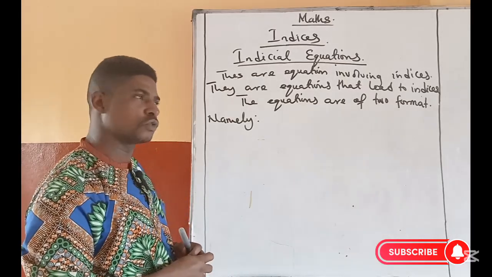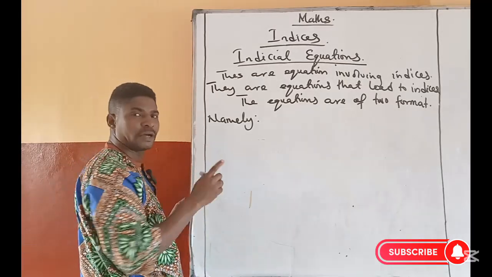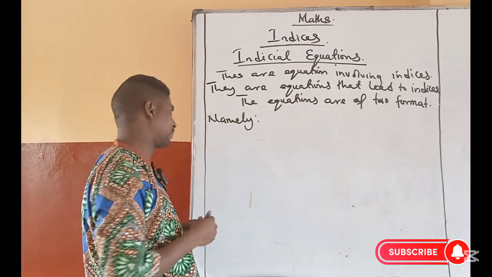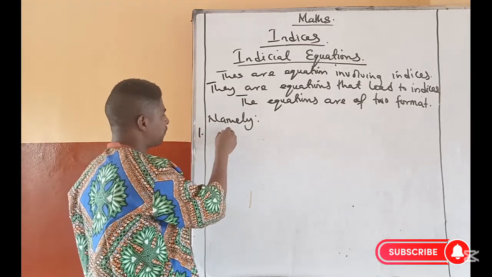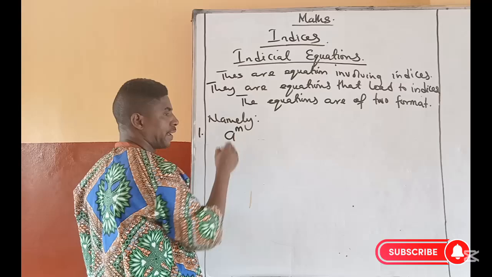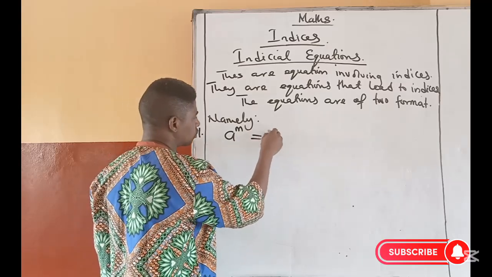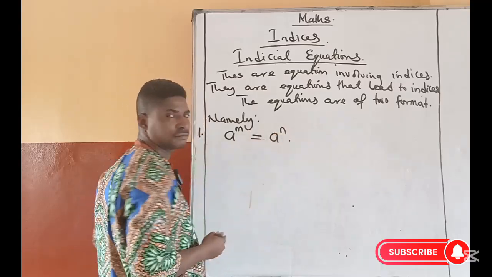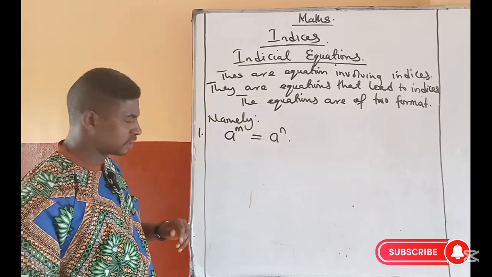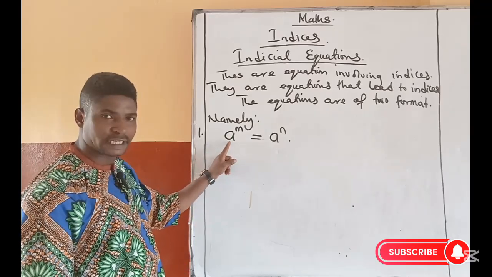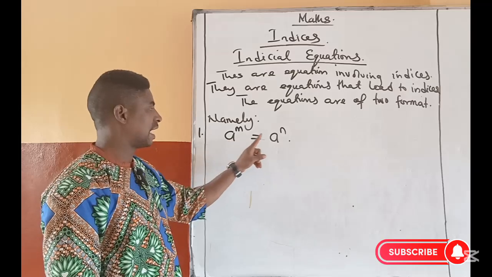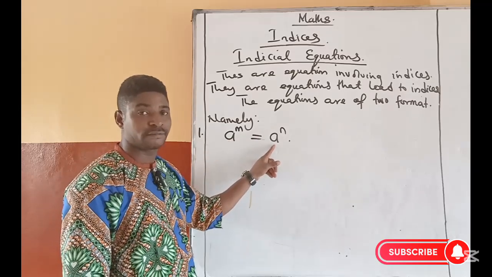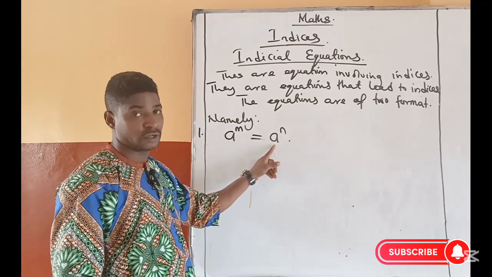What are these two formats? And I want you to pay attention to them. The first one is of the form a raised to power m equals a raised to power n. Now notice that there is a mathematical character on the left hand side of the equality sign, and another mathematical character on the right hand side.